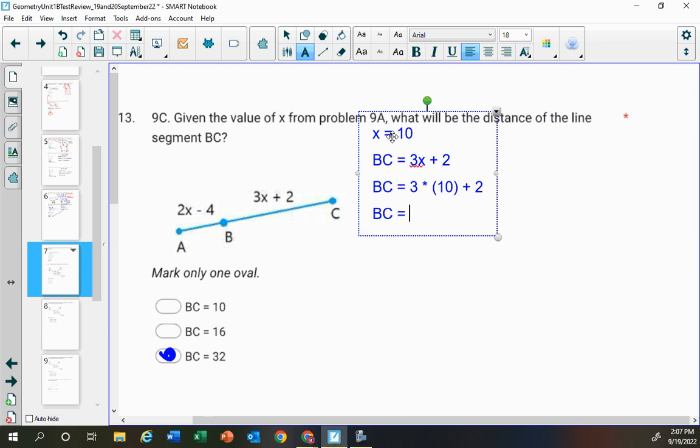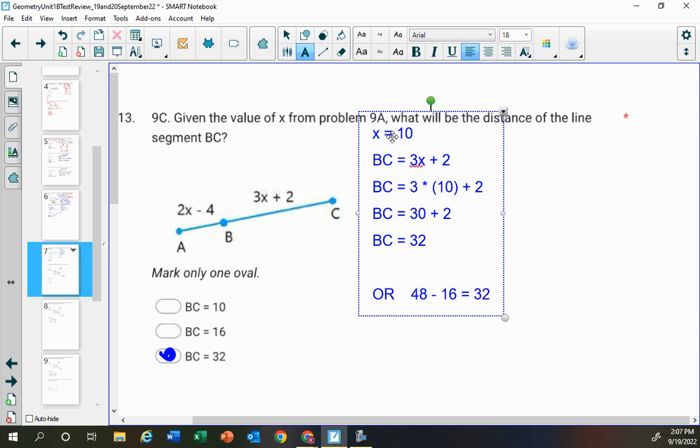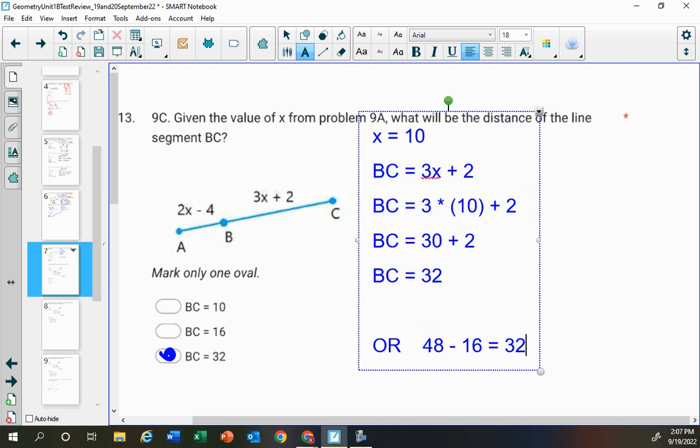BC equals 30 plus 2. BC equals 32. The other way you could have gotten it, 48 minus 16. If you're not sure, you could always work backwards to get this.